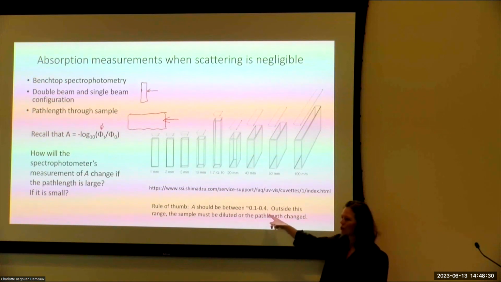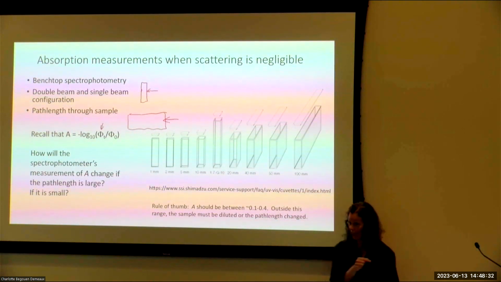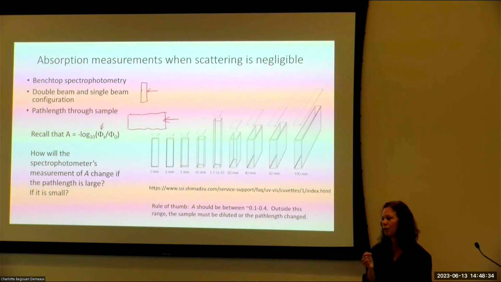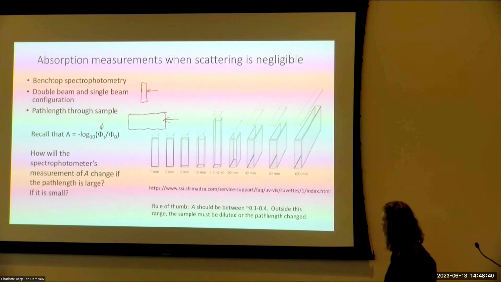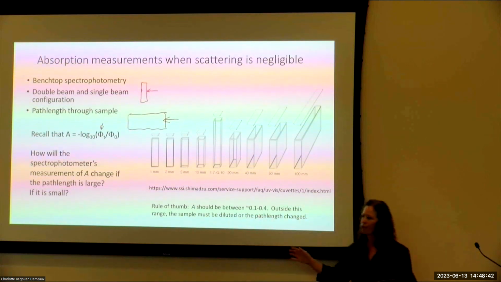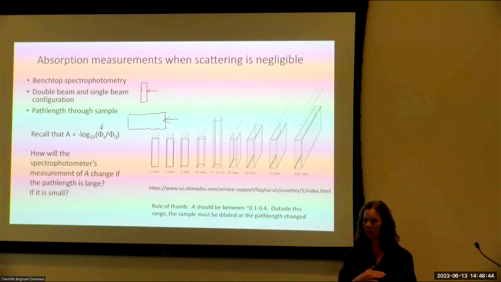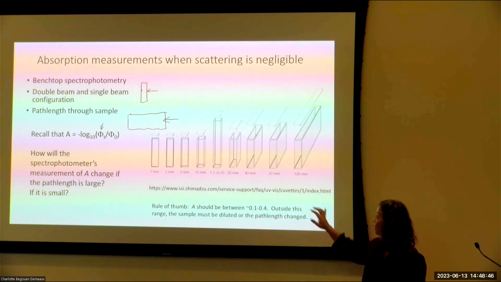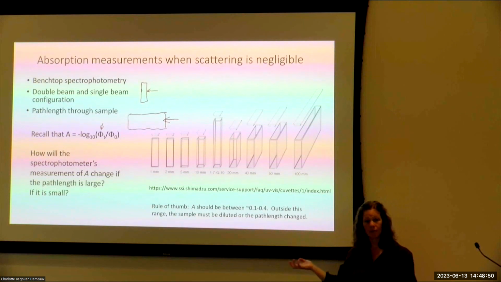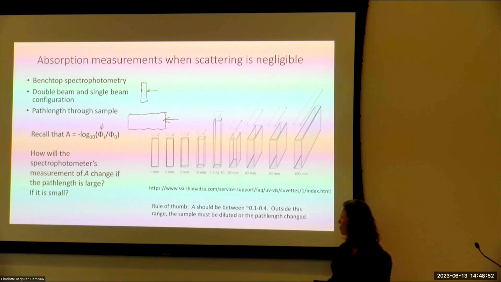If you have absorbance really high, then you have not a lot of light coming out, and you're going to start to get more noise from your instrument. That detector is going to have fewer photons to detect. So we want to keep that absorbance in a range that's good for the instrument. And if that means we need to adjust the path length, then we will.